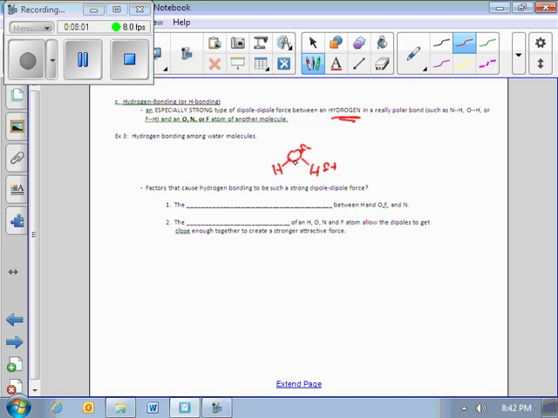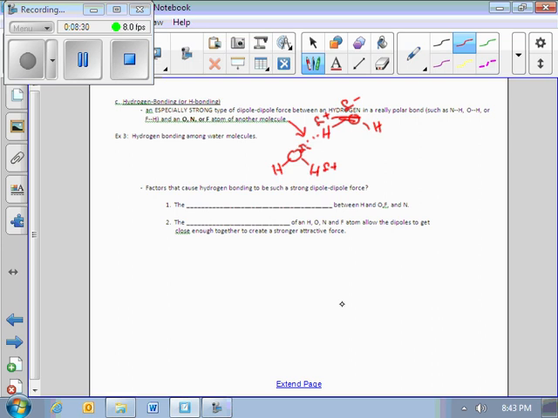So it's kind of like having a stronger magnet. So the O of one molecule will attract the H of another molecule. Okay, and it's because of the strength of this polar bond that the attraction between the O here and the H here, the hydrogen bond, is actually stronger than most normal dipole-dipole attractions.